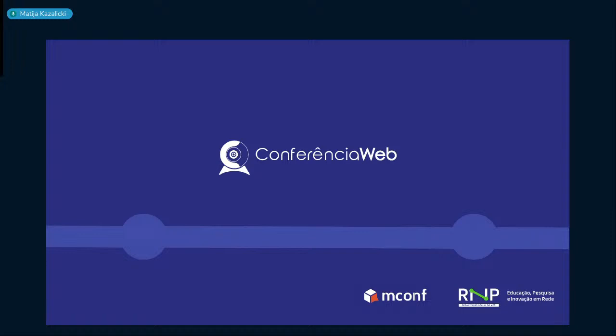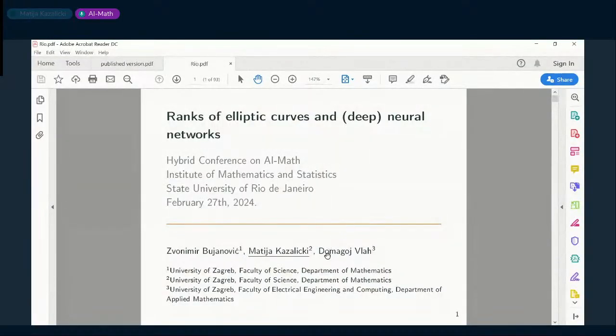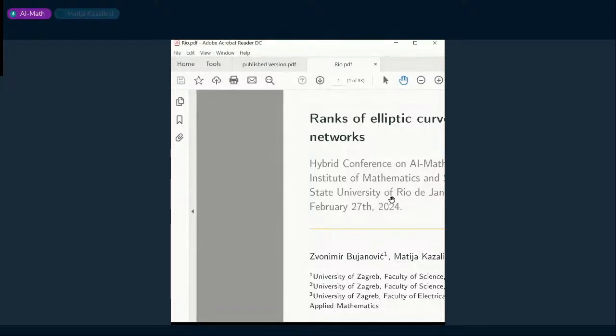Do you see now my screen? Yeah, it's coming. Yeah, it's there. You can put it on full screen. I see everything, the border of your window. But I put it on the full screen.